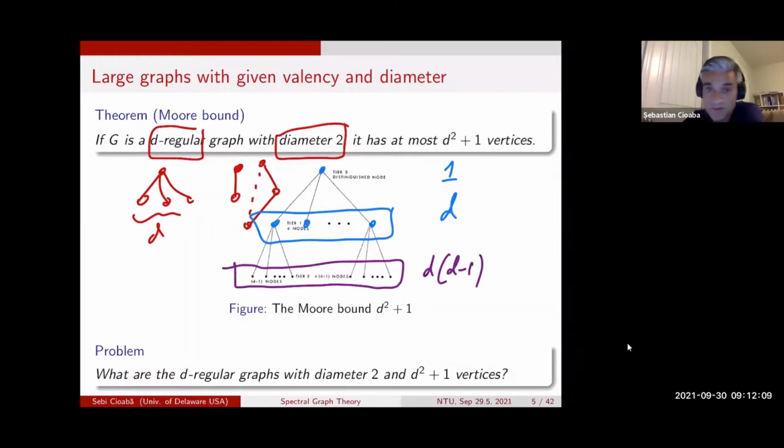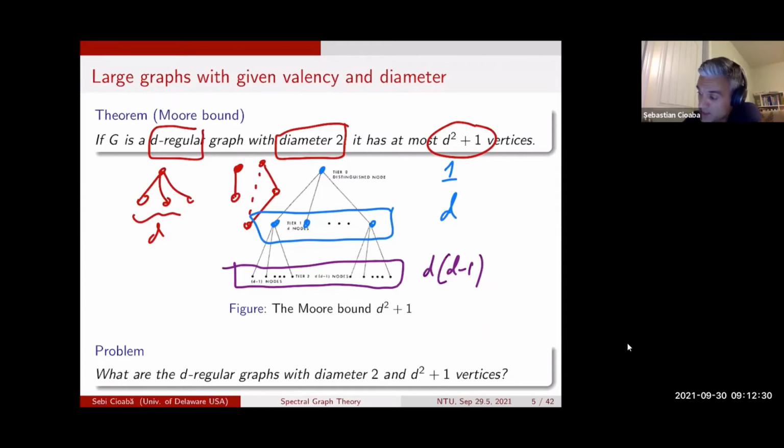And so the largest number is if all these neighbors are distinct. So in total, you end up with 1 plus d times d minus 1, which adds up to d squared plus 1.